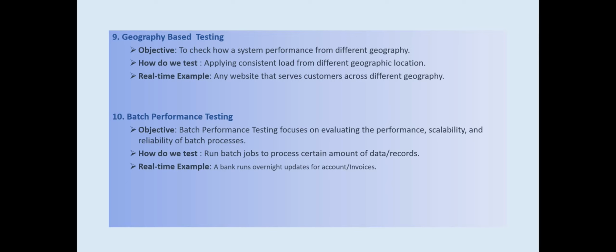We try to understand the problem and try to fix it. For a real-time example, most banking and retail applications run their invoices, payroll, or month-end jobs. For all those things, it's essential that they do the batch performance testing, and it's also important that the batch jobs do not take a very long duration. So that's all about the different types of performance testing.